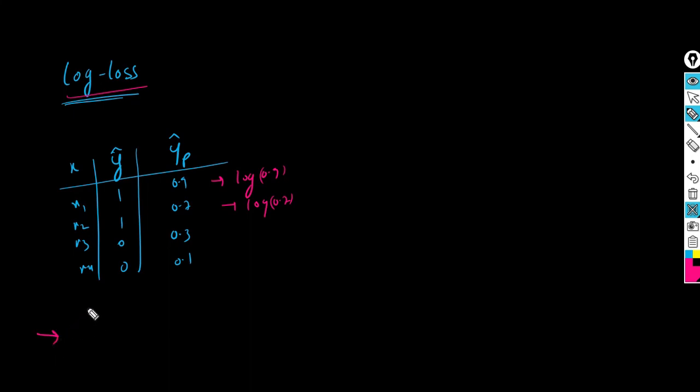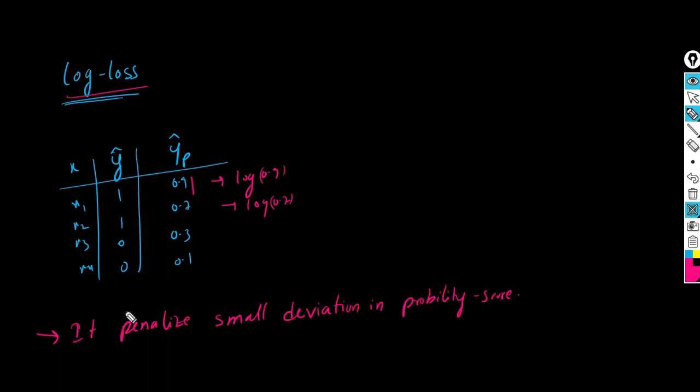By applying the log, if a small change happens in the probability value, we capture that information. That means it penalizes small deviations in the probability score.